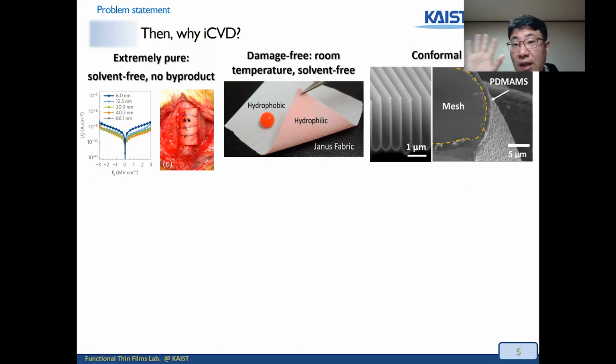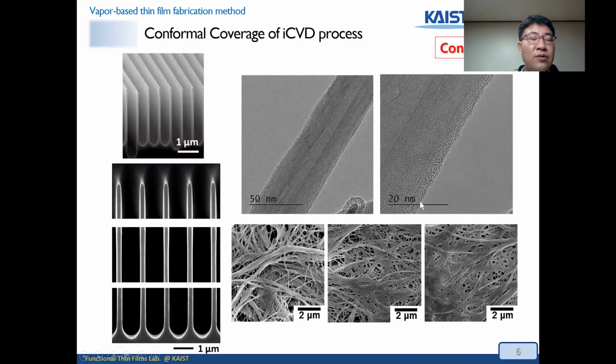If it is a liquid phase process, the solution will be filled between this trench because of the capillary force, and there will be no coating at its side wall, right? So the design will be changed and the coating will not be uniform, but with these characteristics, we can give very good conformal coverage.